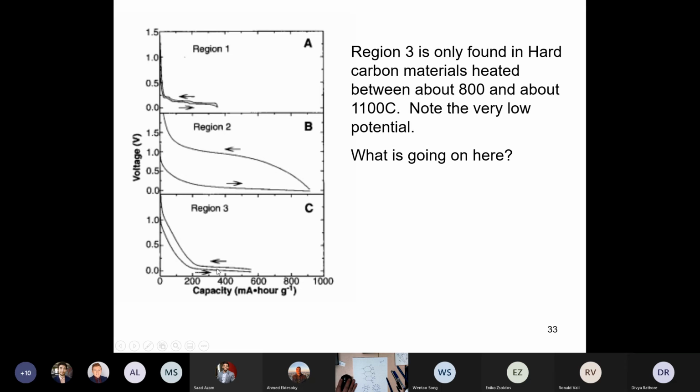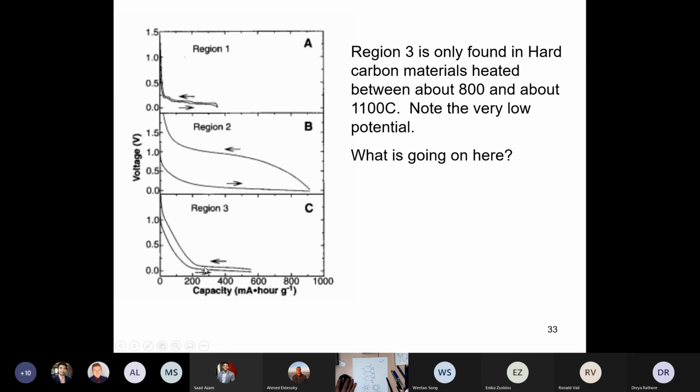But region 3 looks pretty interesting, right? The hysteresis is small. You get up to 550 milliamp hours per gram. It looks pretty good. And region 3 is found in hard carbon materials heated, well, it says about 800 and 1100, more like 1000 and 1200 degrees C, you'll find this type of behavior.